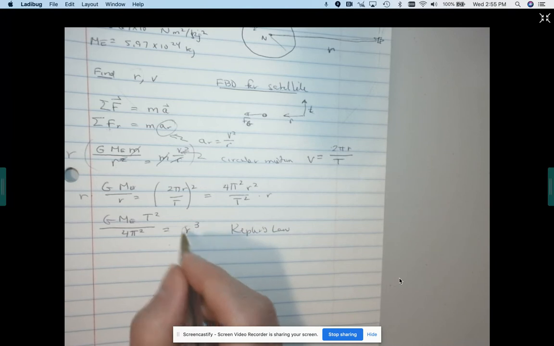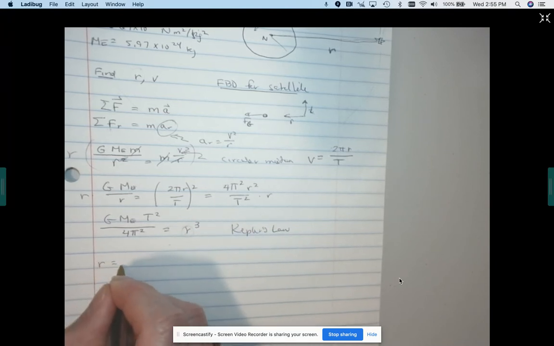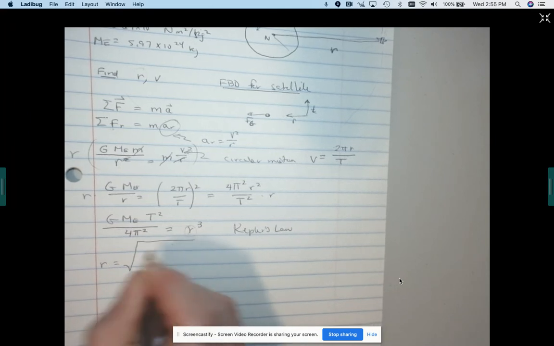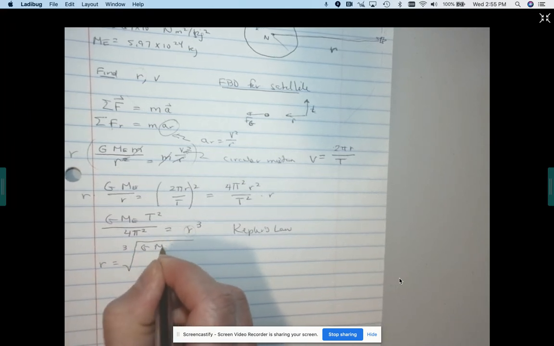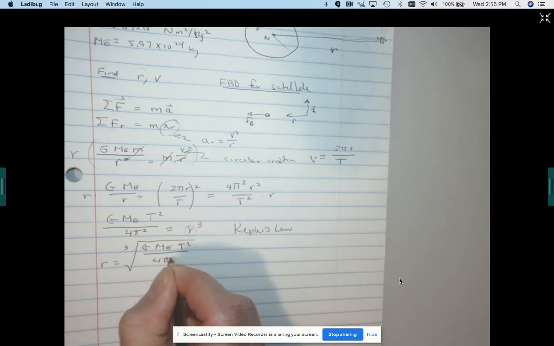Okay, so let's plug in now, and we can solve for the radius. Our radius equals the cube root of G M_E times the period squared, divided by 4 pi squared.